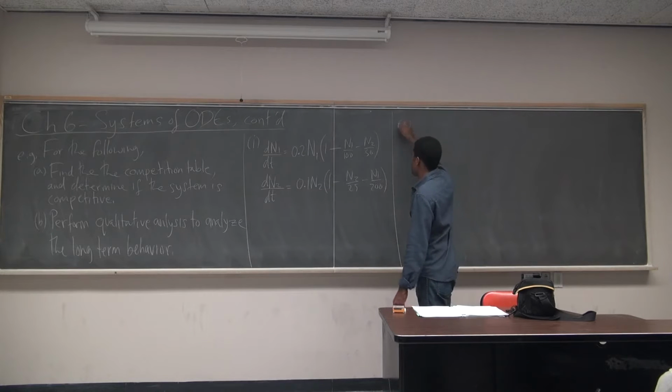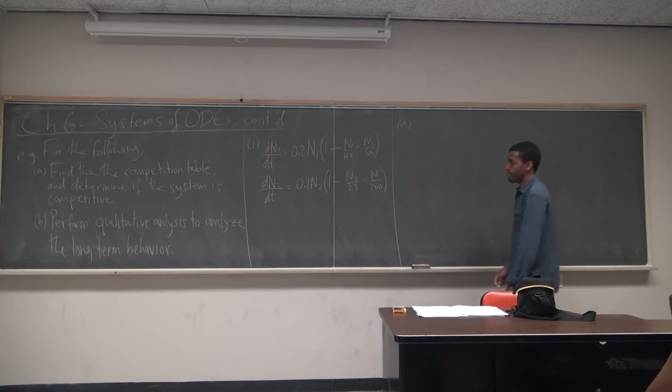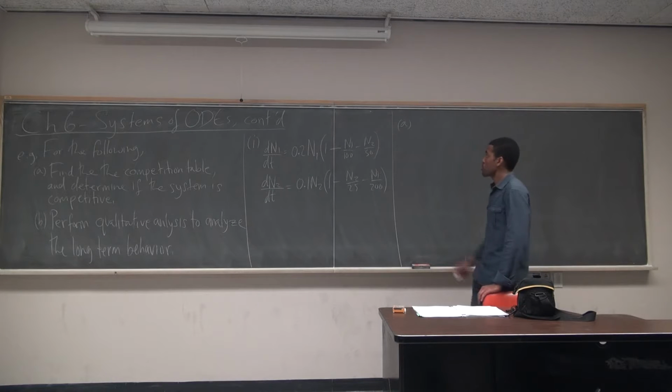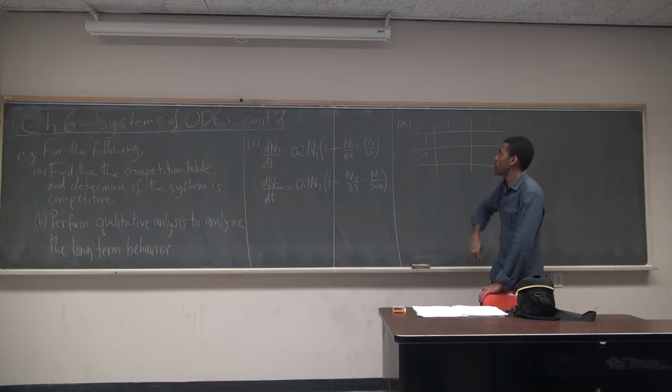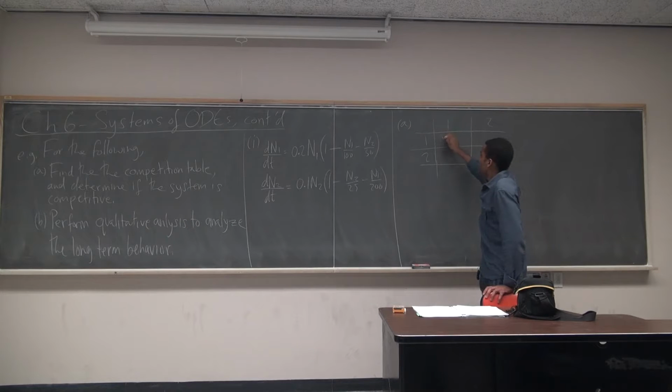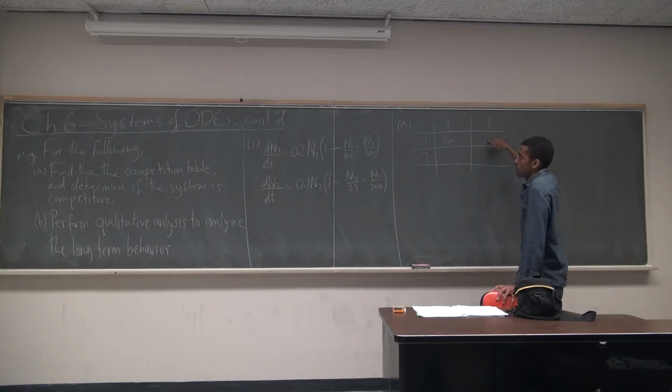Part A, competition table. How do we fill it out? What number goes here? The effect of species 1 on itself is 1 over 100. The effect of 1 on 2 is 1 over 200.